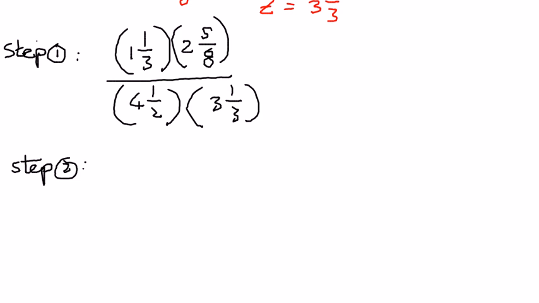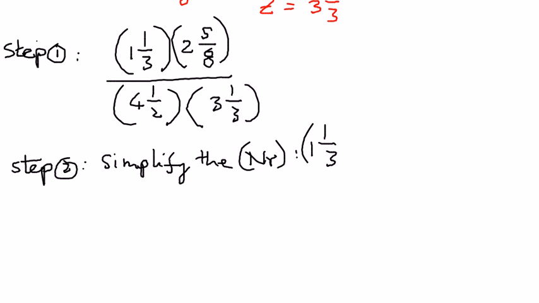So the numerator part, we have to simplify the numerator. NR is short for numerator. So in here we have 1 1/3 times 2 5/8, right? The way we can simplify that is convert the mixed numbers into improper fractions.